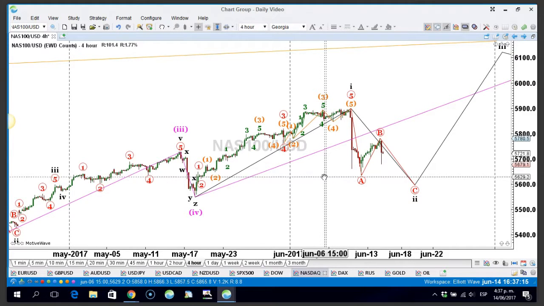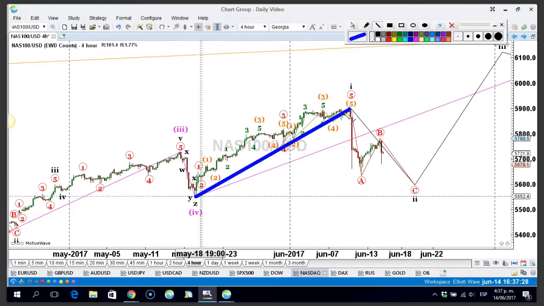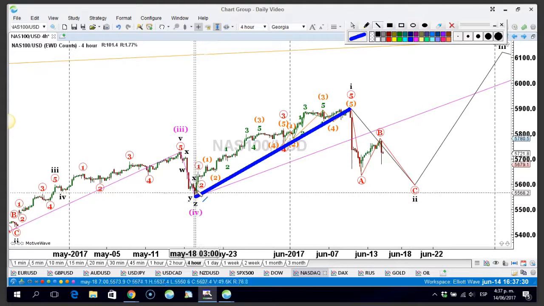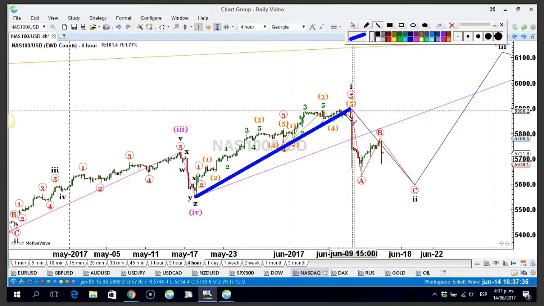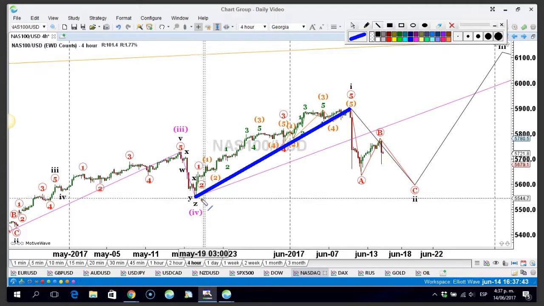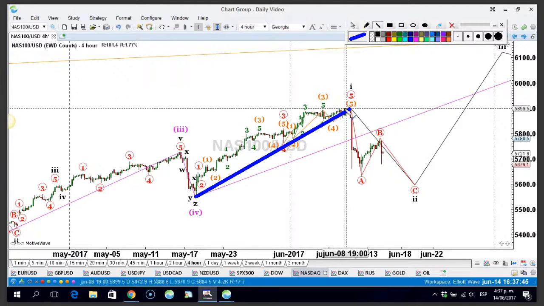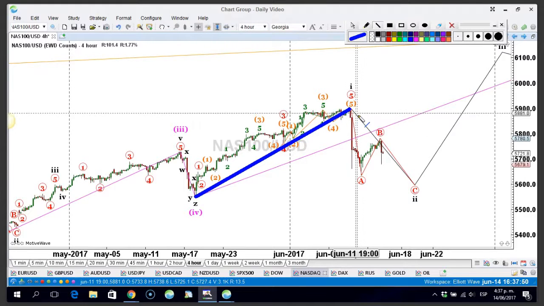So here is our 4-hour chart wave count, and mainly what we are saying is that the price did a leg up from the bottom to this high. We're talking from the low that happened on May the 18th till the high that we had last week on June the 9th. So that's the wave one. All this sequence is just the wave one for an extension to the upside, and it started the wave two.